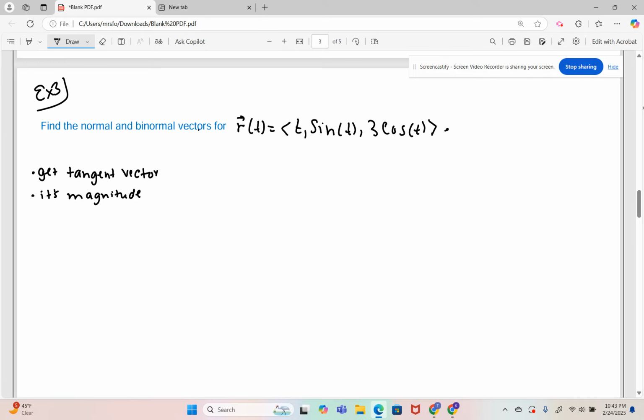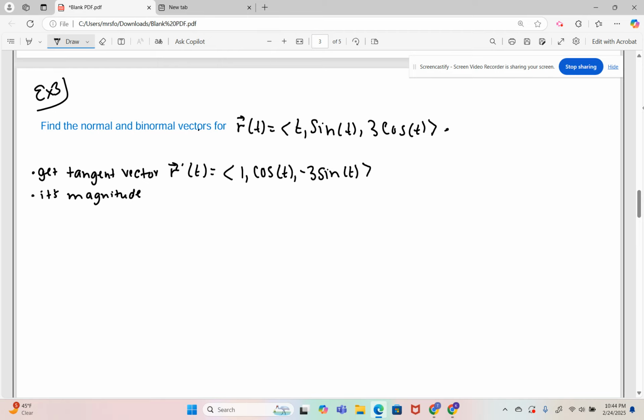So, to get the tangent vector, that's just the derivative of what we have. So, the derivative of t is 1, the derivative of sine, and the derivative of 3 cosine. So pretty basic. We didn't have to do anything crazy.